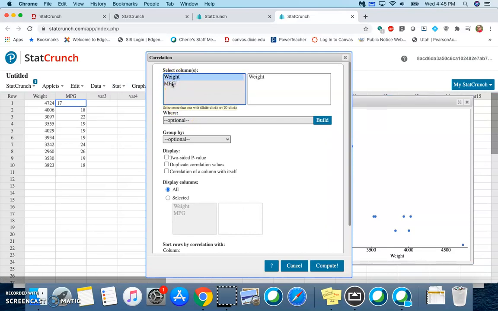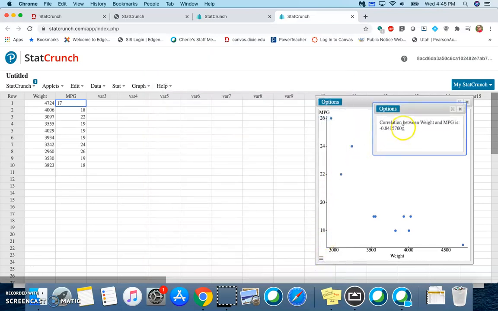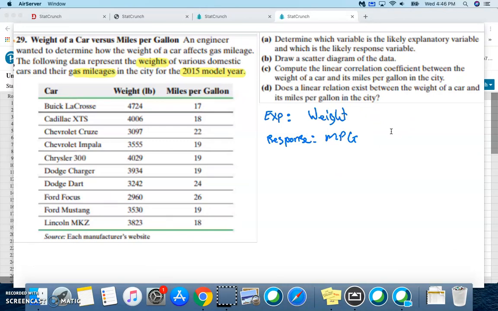I want weight and miles per gallon, so I hold down the Shift key, grab both of those, and compute. I get a correlation coefficient of negative 0.8415, so I'll just say negative 0.842. That's a pretty strong negative correlation, as would be expected.